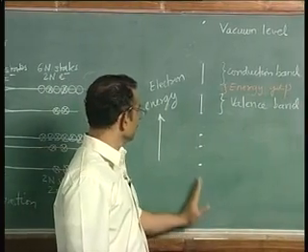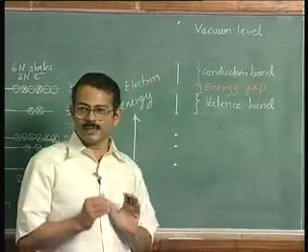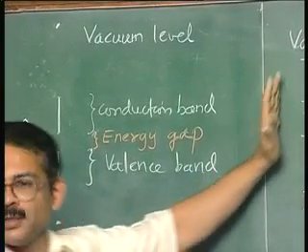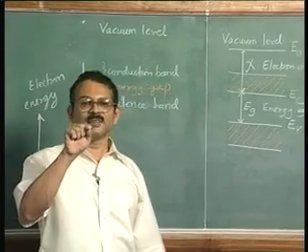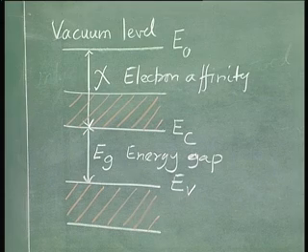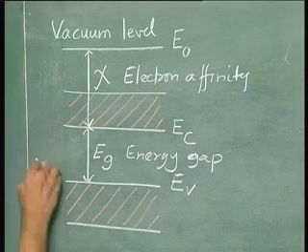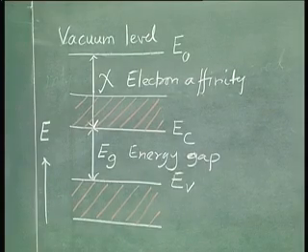So here you should only have a point, but as I said, it is difficult to work with this diagram, so you are just drawing it like this. Instead of a point, it is very difficult to show a point, so you draw a line. Okay. So these are electronic energies. E stands for electronic energies.